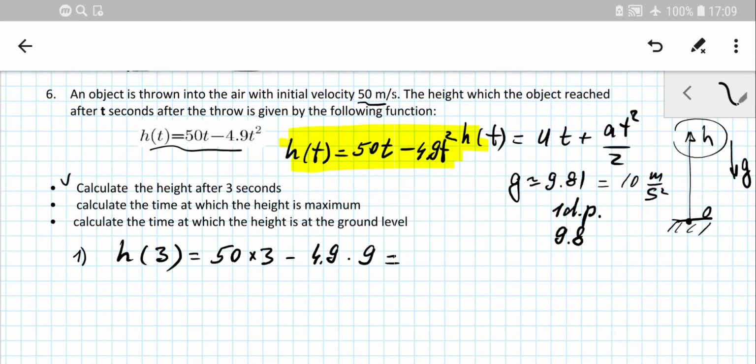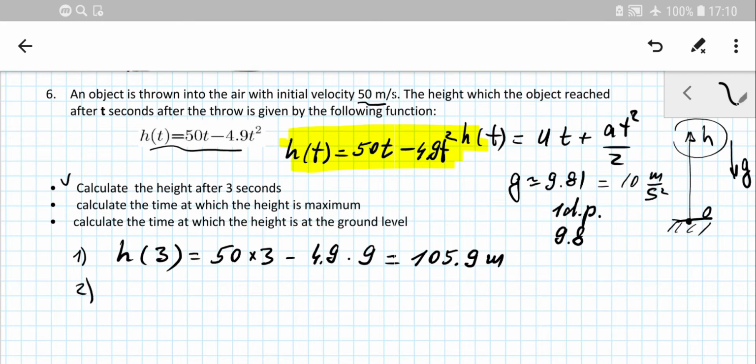Now if you calculate that, 150 minus 4.9 times 9, we've got 105.9 meters. So what it means is the initial speed is pretty fast, so it goes up to about 100 meters after 3 seconds. Can you imagine?